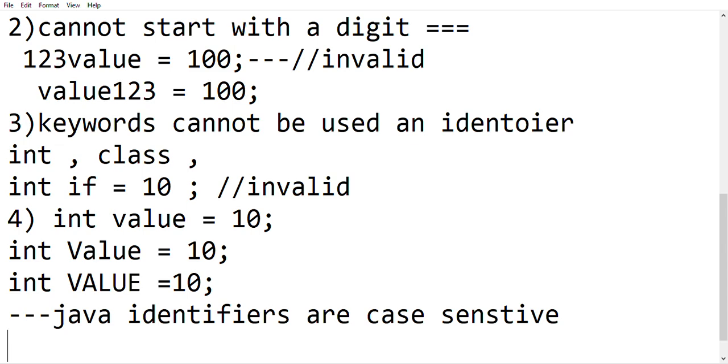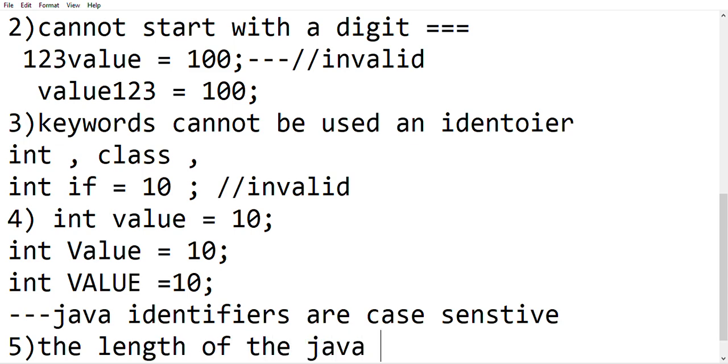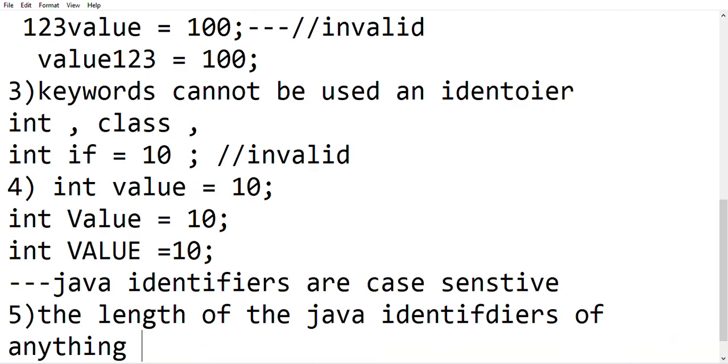The next rule, number 5, is that the length of Java identifiers can be anything. You can write a 32-bit length identifier, you can write 64, you can write 128, you can even write a 1 crore length identifier, and it is valid and you'll get the output definitely.